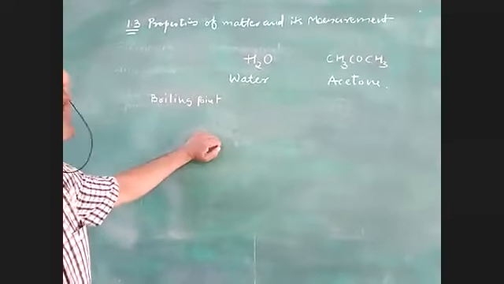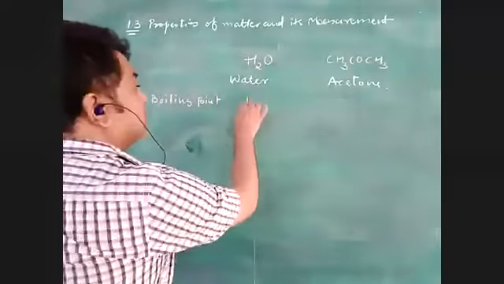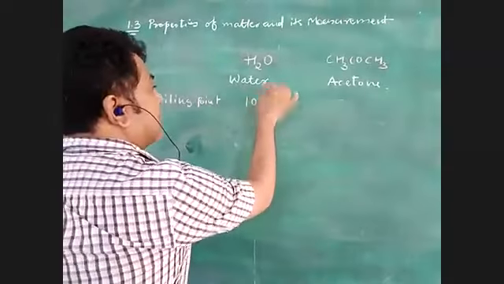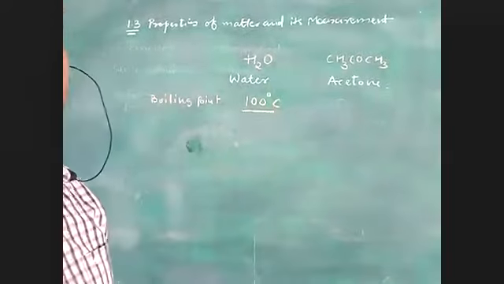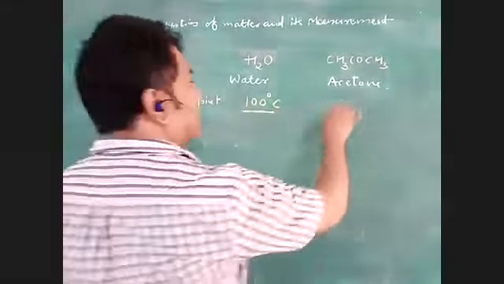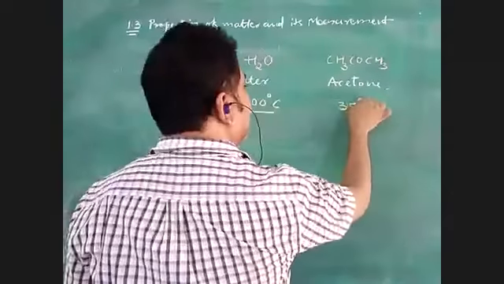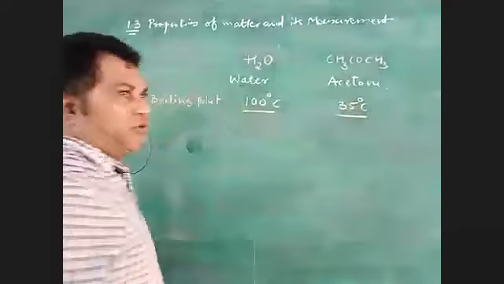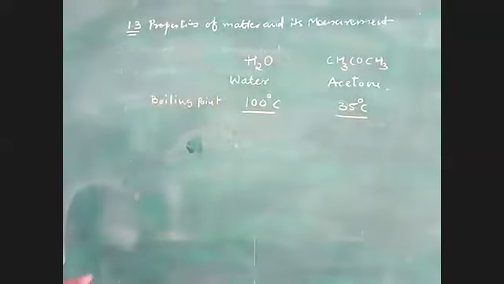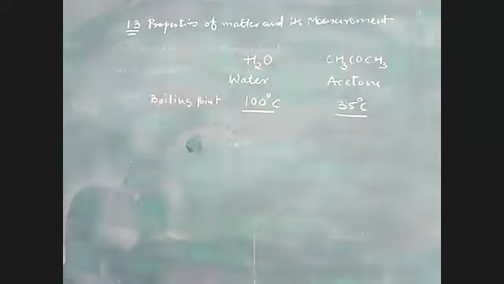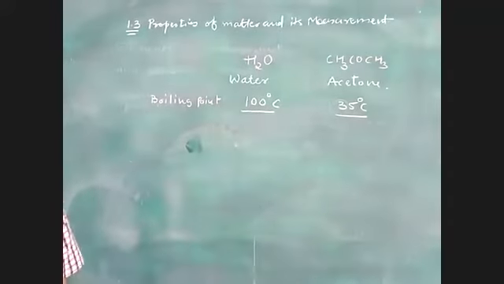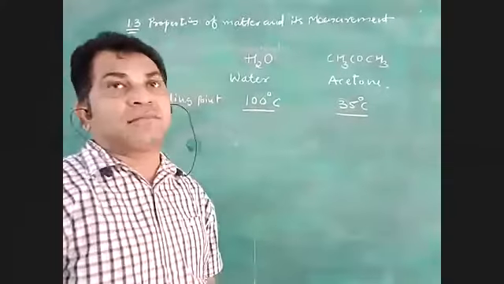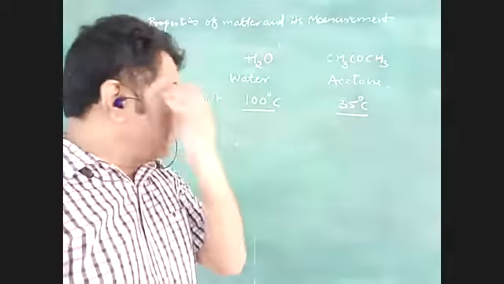But now I am writing the unit here. See, I have written here 100 degrees centigrade is the boiling point of water. And if I write here 35 degrees centigrade is the boiling point of acetone, you will get an immediate idea, sir, acetone is not going to remain for more time because it is volatile.